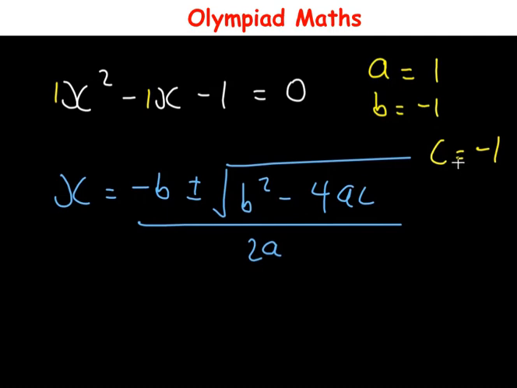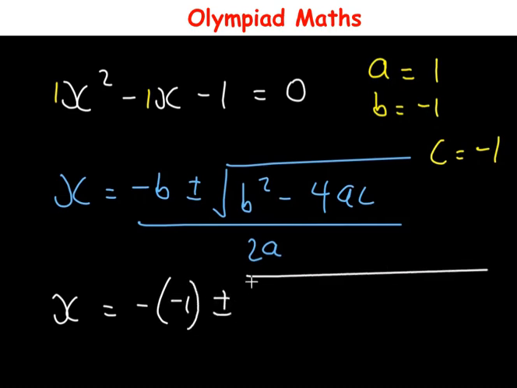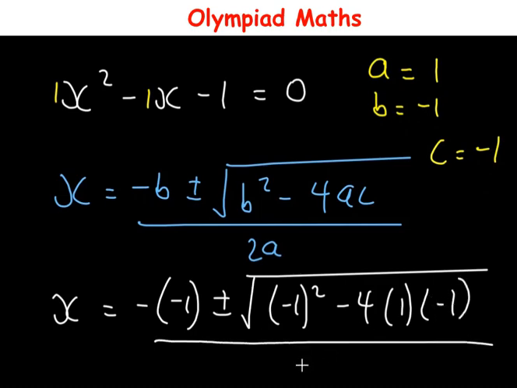So in putting the values of a, b, c into the formula, what we then have as the value of x is equal to minus b, b is -1, so minus -1, plus or minus square root of b squared, (-1) squared, minus 4 times a, which is 1, times c, which is -1, all over 2 times a, which is 1.